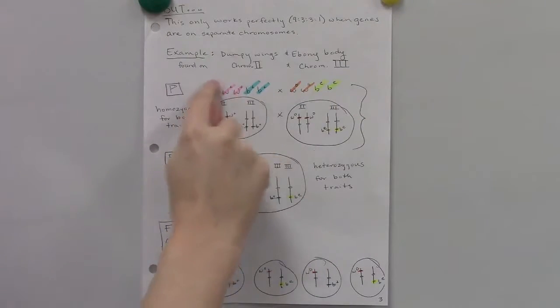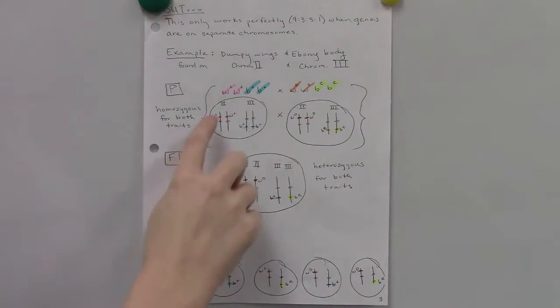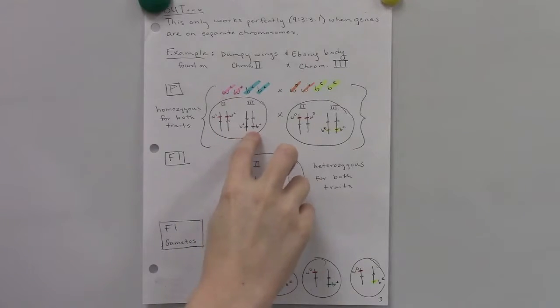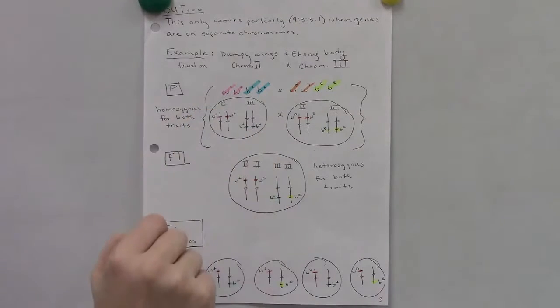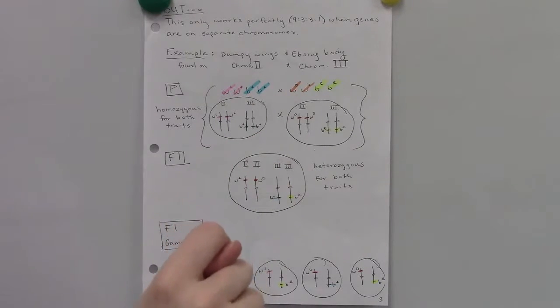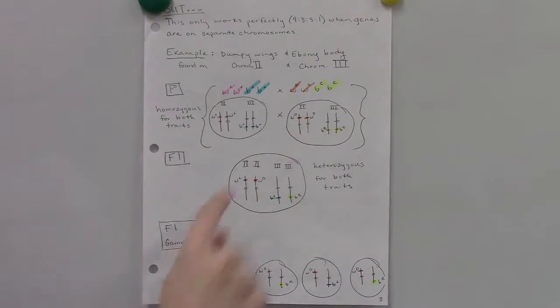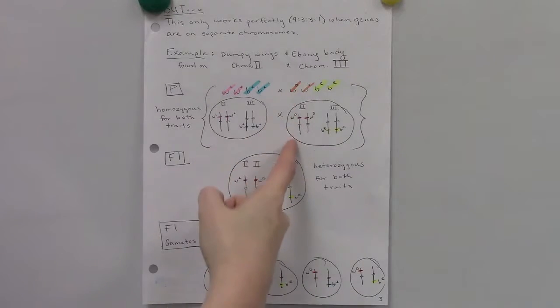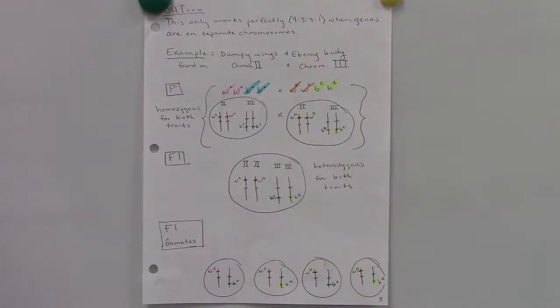And if this is a parent's diploid genotype, you can see they've got 2 copies of chromosome 2, so 2 wild alleles, 2 copies of chromosome 3, so 2 wild body alleles, all right? And same over here, you've got 2 copies of chromosome 2, 2 copies of chromosome 3, and the corresponding genes to those. Just so you know, when we're looking at these chromosomes, the little oval in the middle represents the centromere.